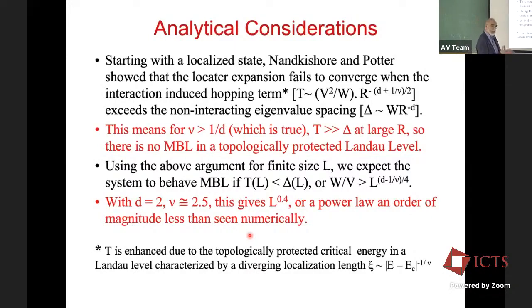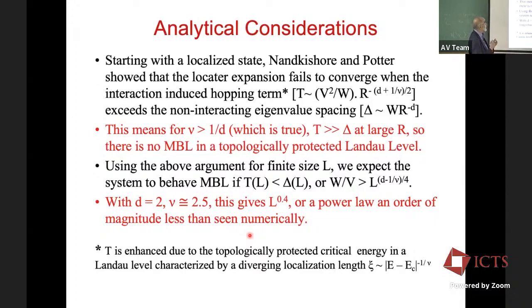Because of the fact that there are very extended states that are tending to diverge at the center of the band, they get mixed in. And so they estimate that the hopping goes as a negative power law in R, with an exponent that's (d plus 1/nu) over 2.